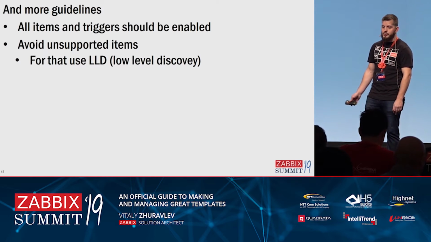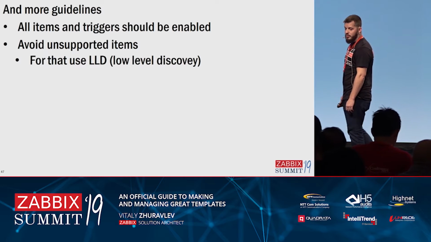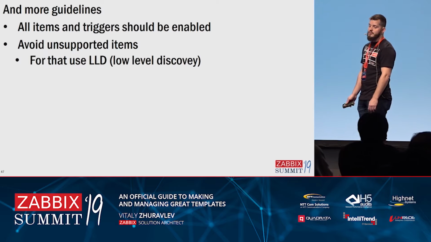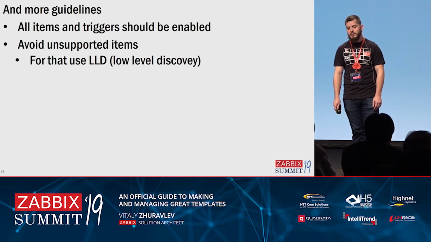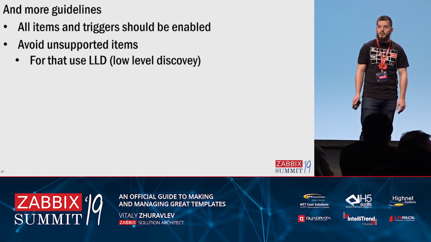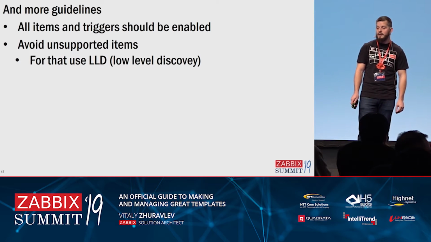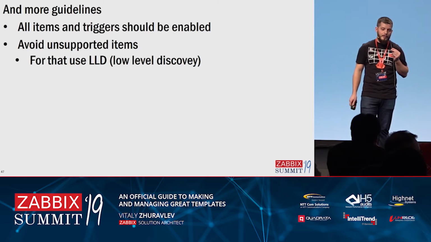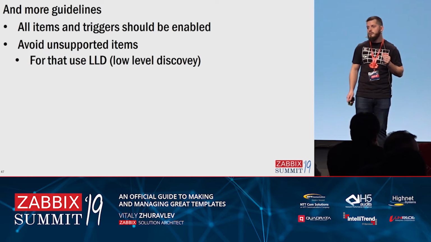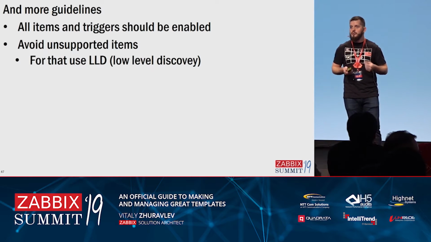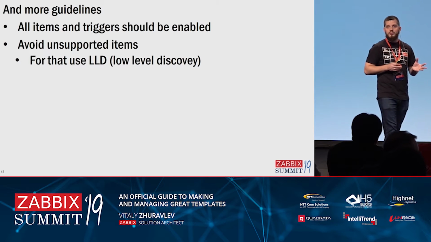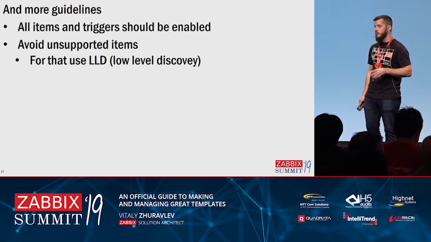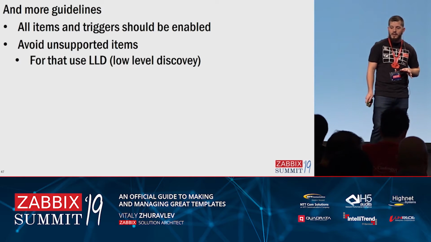All items and triggers should be enabled, and we also want to avoid unsupported items no matter who uses this template. And for that, we can use low-level discovery again. As you may know, low-level discovery is the thing that was designed to monitor objects of unknown numbers, like it could be 8 network interfaces of the switch, or it could be 16 of them.